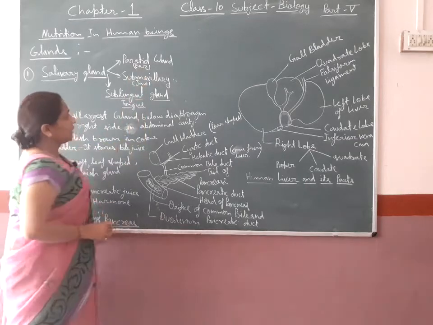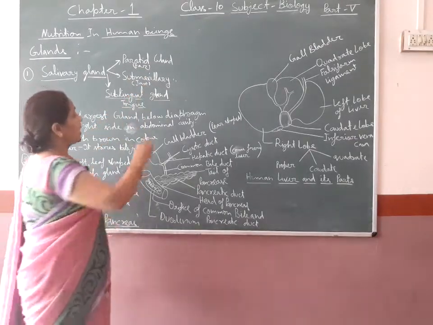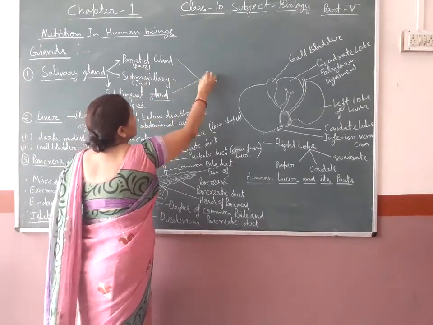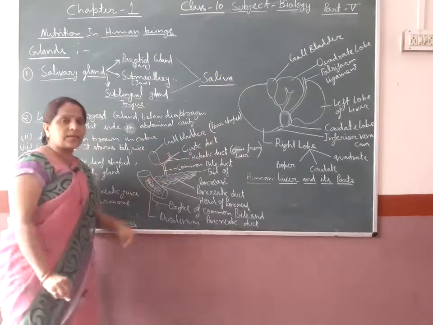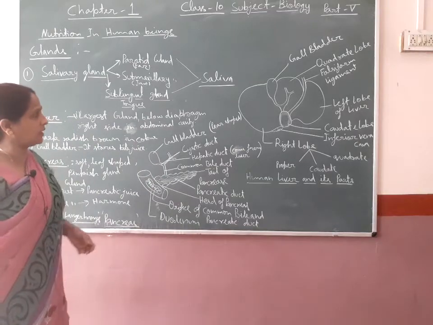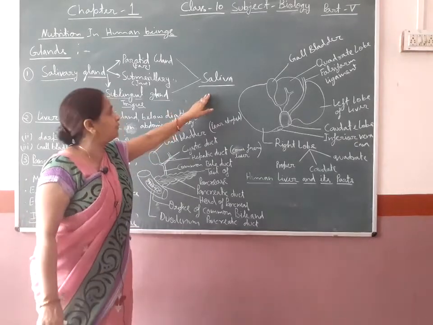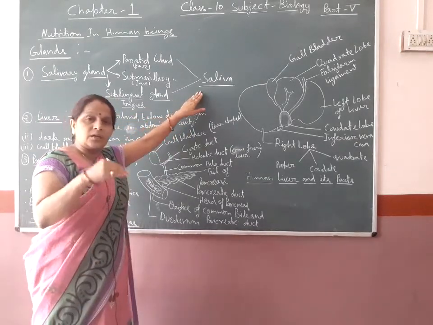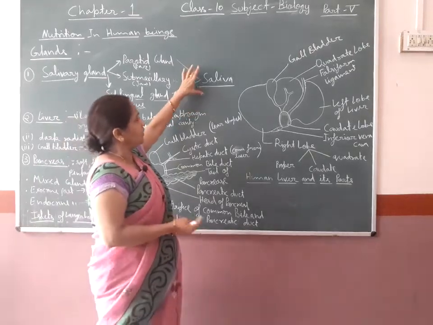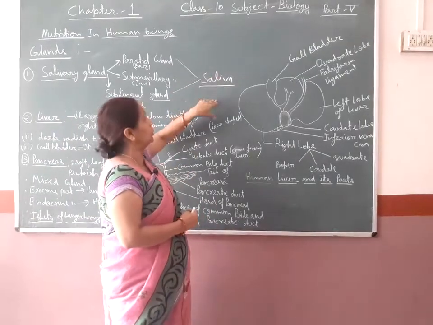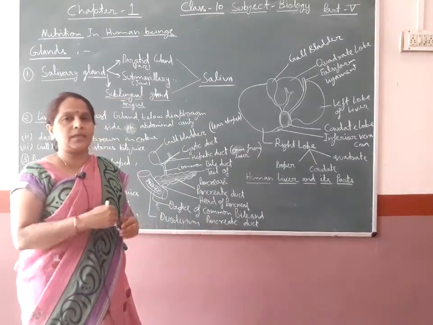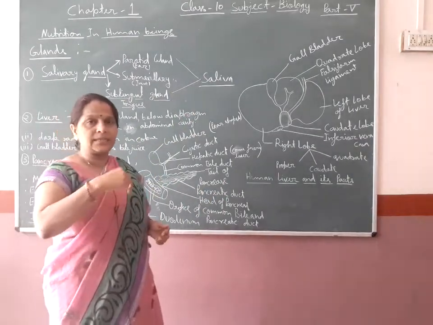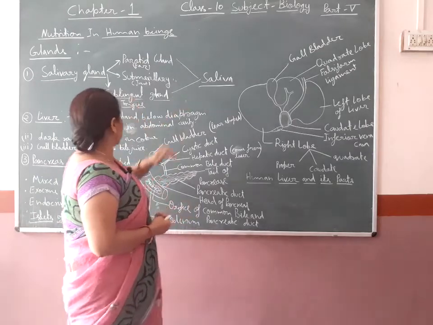These three salivary glands secrete saliva in the mouth. Saliva is involved in the digestion of food. Saliva wets the food when you take it in the mouth, and with the help of saliva the food is easily digested in the body.